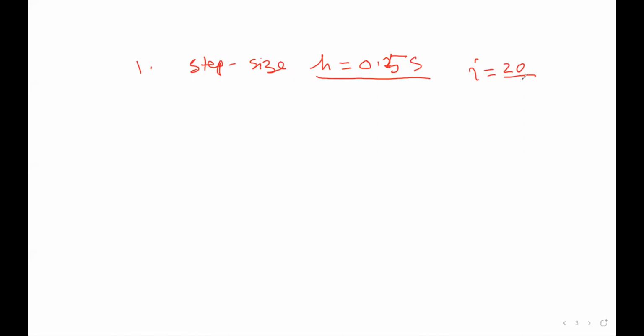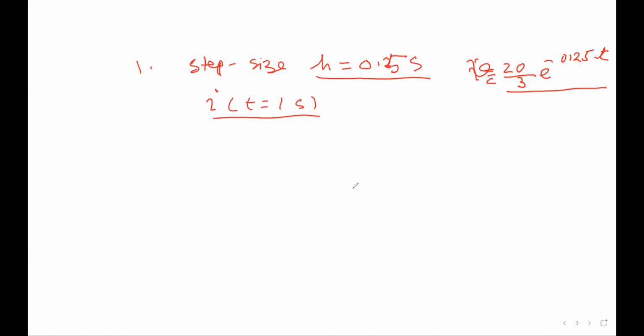Now, if you want to use the central difference, and you have been asked to calculate the current across the capacitor at t equal to 1 second, then you know that we have to differentiate. We are now applying numerical differentiation by using central difference.